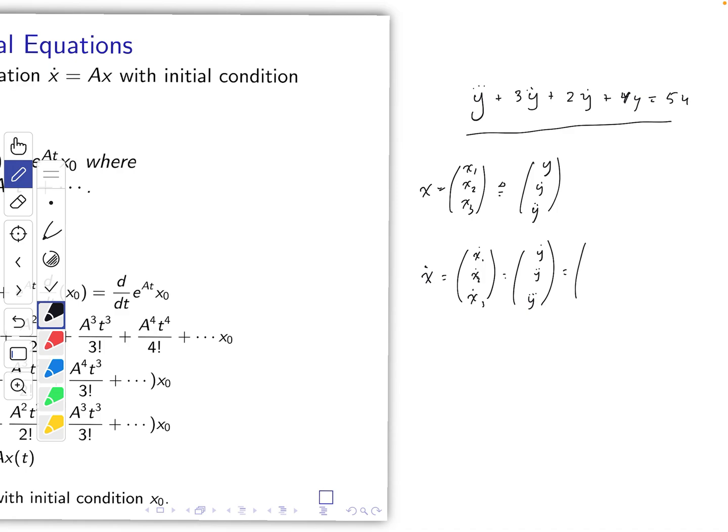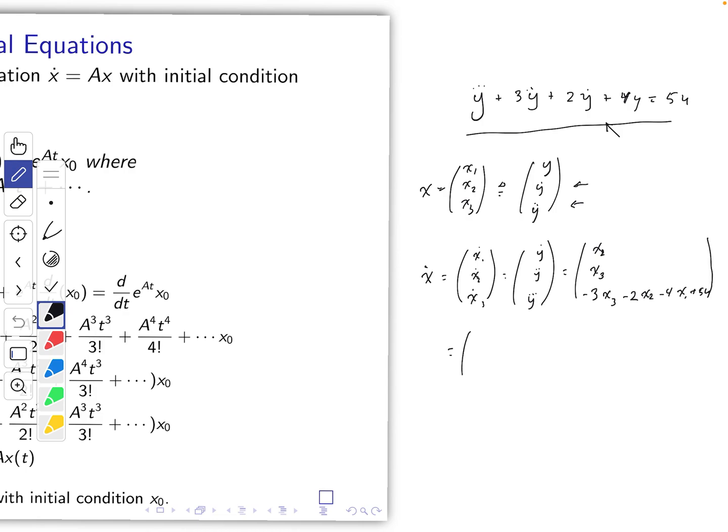Y double dot is just x2, and y double dot is x3 from this line. Then y triple dot is minus 3 y double dot, which is x3, minus 2 y dot, which is x2, minus 4y, which is x1, plus 5u.